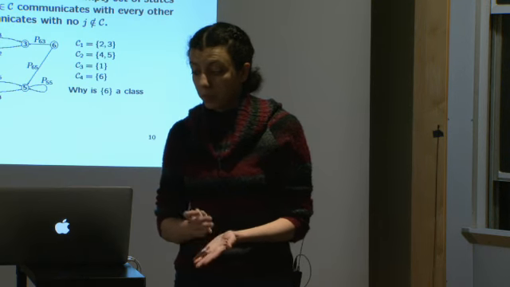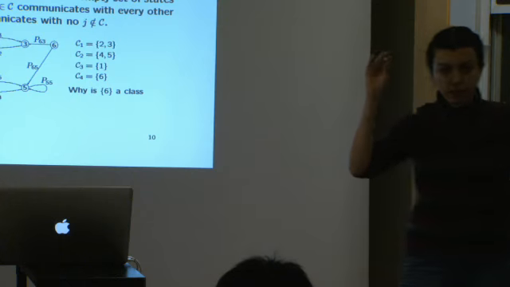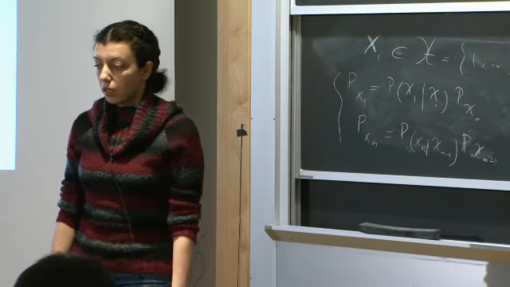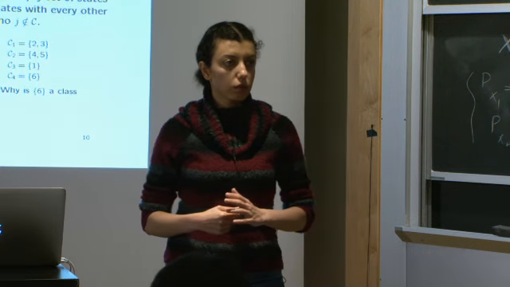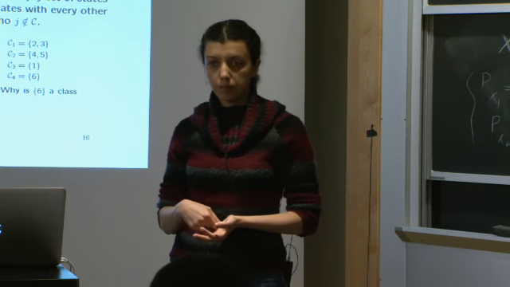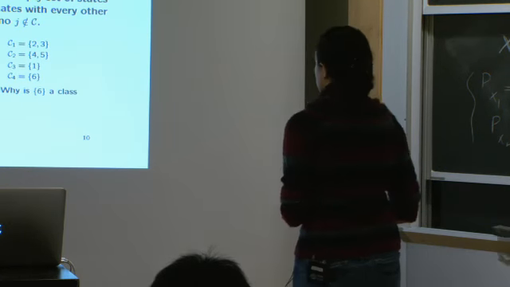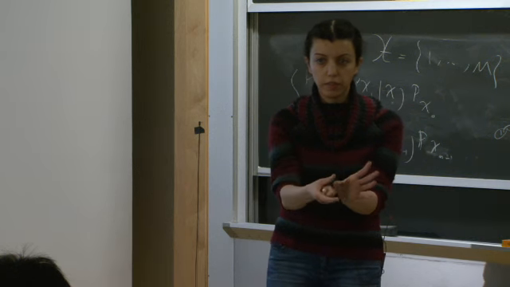And why do I say it's partitioning? Well, it's covering the whole finite state space of the chain. But I need to prove that there's no intersection between classes also, meaning that I cannot have two classes with an intersection between them.